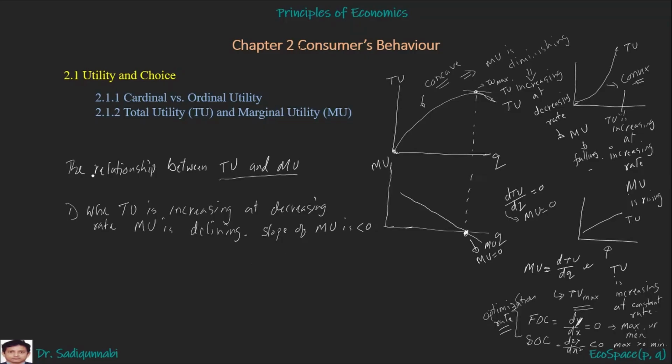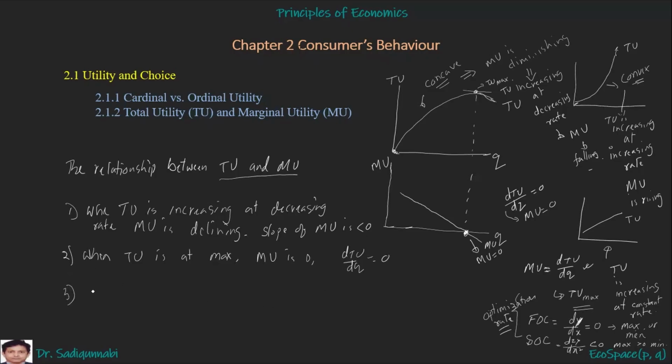Okay, all right. Point number 2, when TU is at max, MU is 0. Why? Because dTU/dQ is 0.